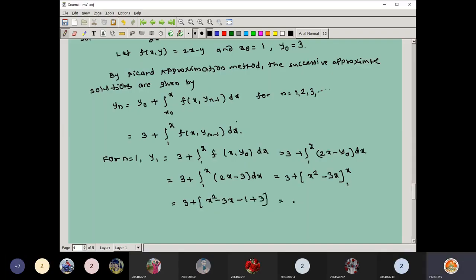This is nothing but 3 plus x square minus 3x plus 2, or this can be taken as 5 plus x square minus 3x. This is the first approximate solution for the given problem.